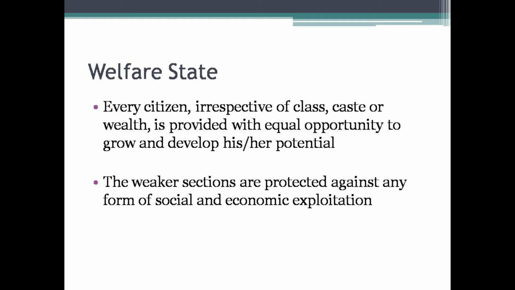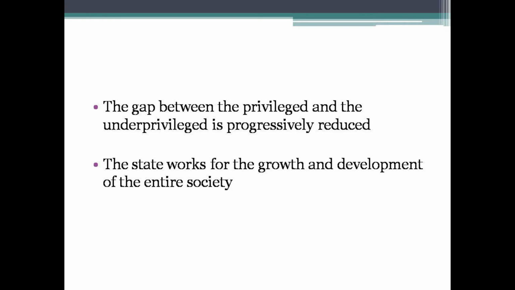In the second point, the weaker and more vulnerable sections are protected against any form of social and economic exploitation. The third point is that the gap between the privileged and the underprivileged, between the rich and the poor, and between the upper and the lower caste is progressively reduced.